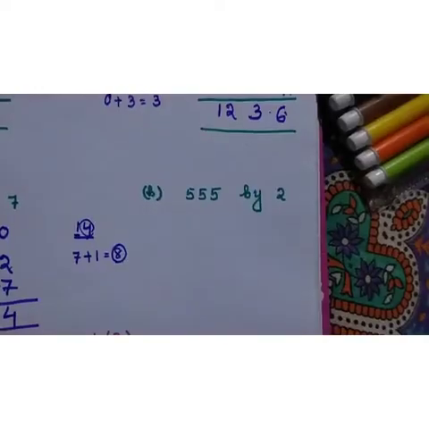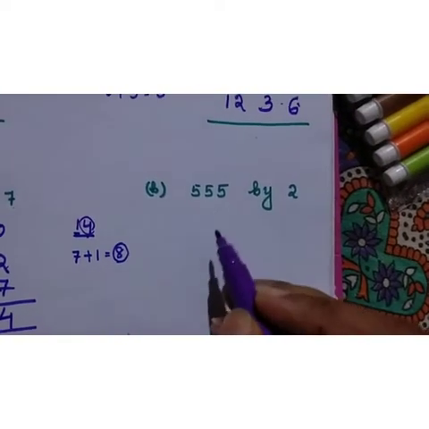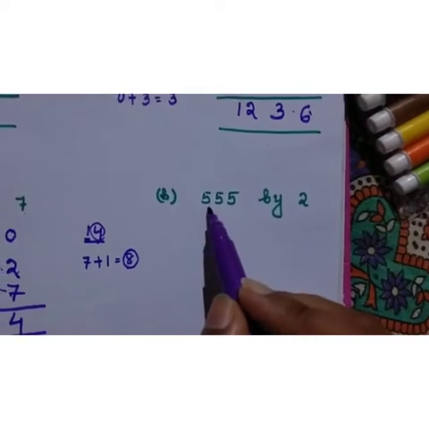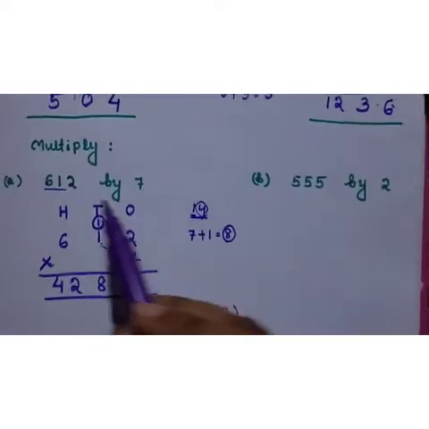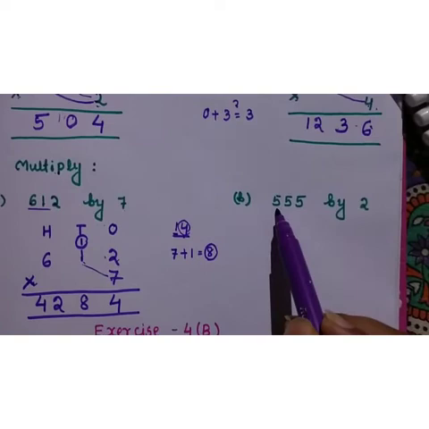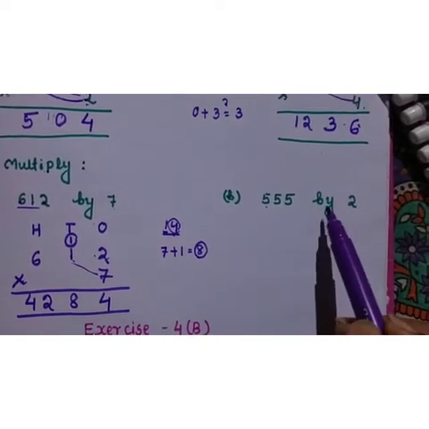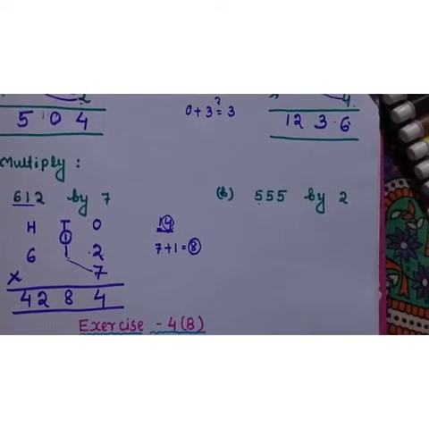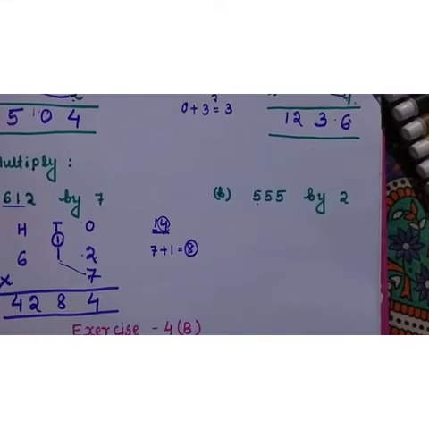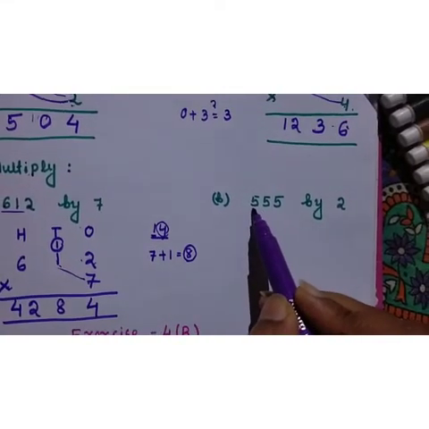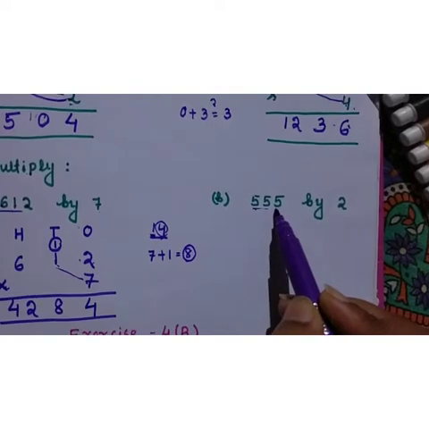Similarly, see, another example is given here: 555. That means you multiply 555 by 2. You know this is a 3-digit number, right?